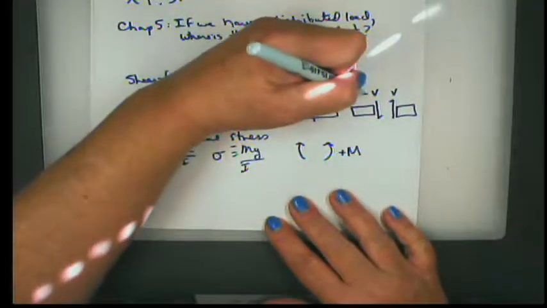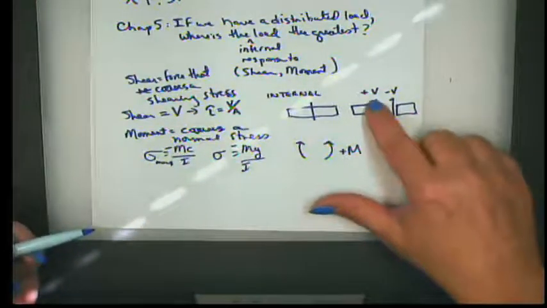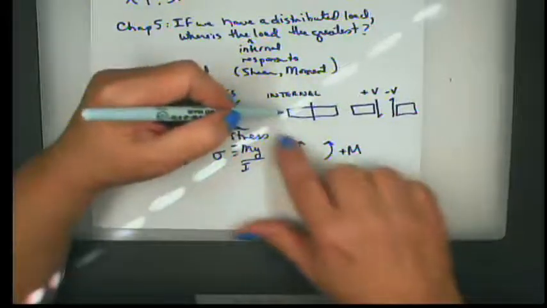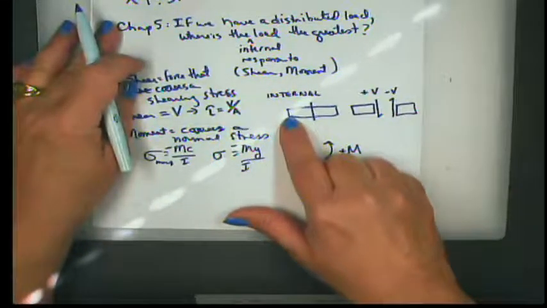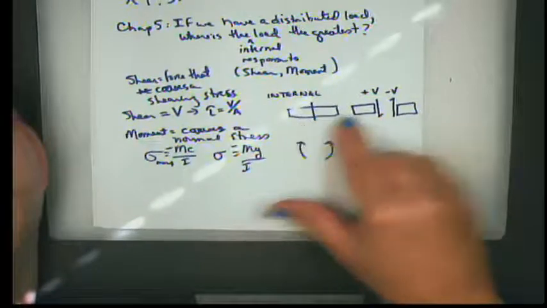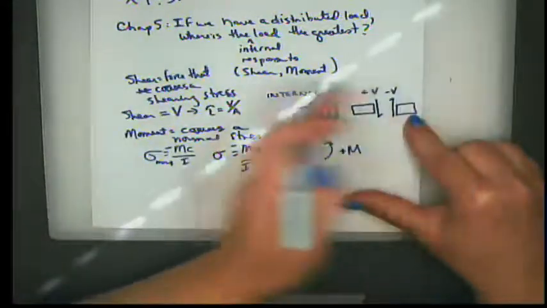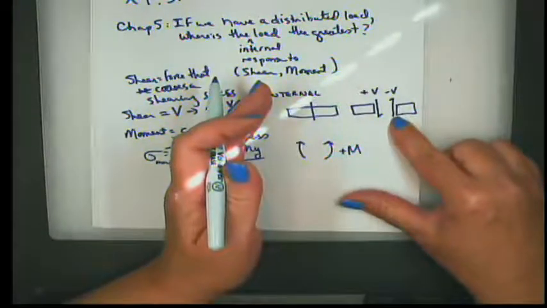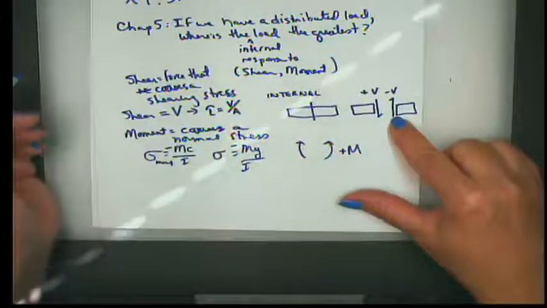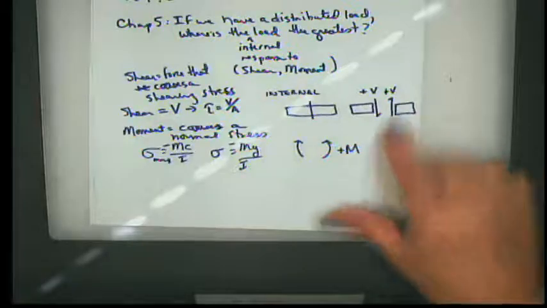But we use this as being a positive shear and this as being a positive shear, meaning that if we have a structural member and we cut it, we start at the left and we cut it on the right, downward on a right face cut is positive. But if we start on the right and move to the left, and here we have a cut on the left, that up is positive, right?